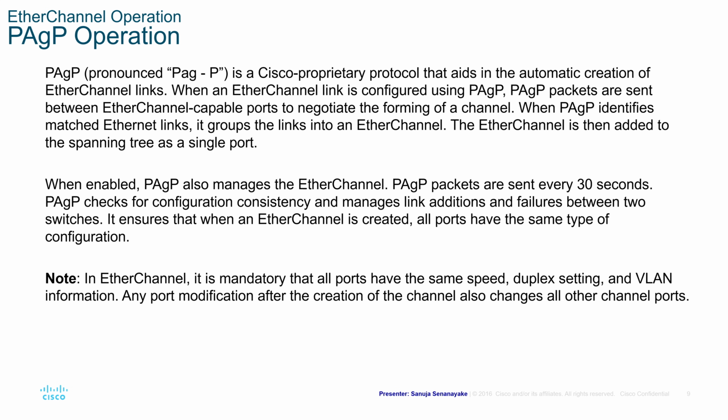Any port modification after the creation of the channel also changes all the channel ports. So remember that. We need to be consistent with how we are configuring the ports when we are trying to configure EtherChannels, because otherwise the system will not work.